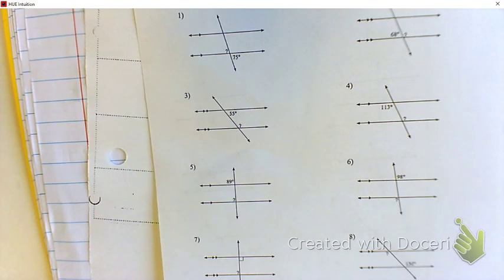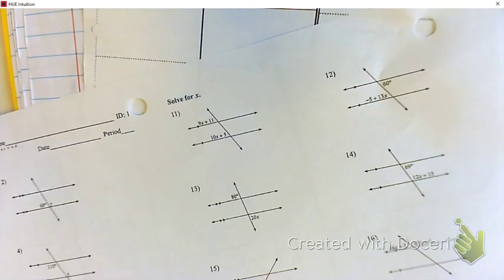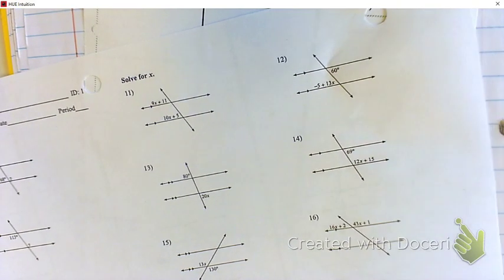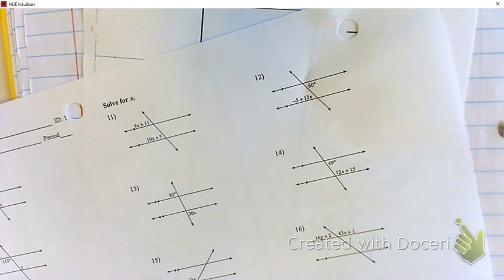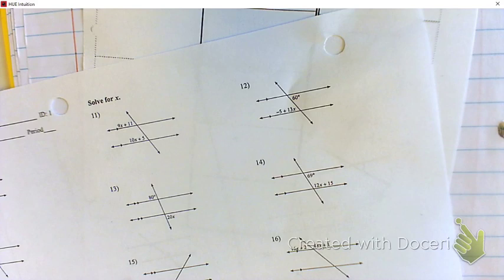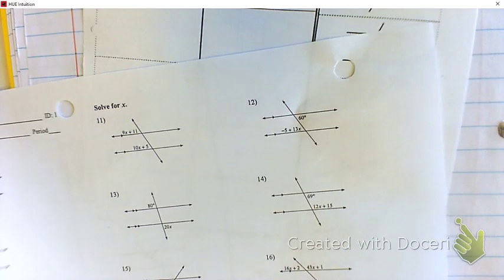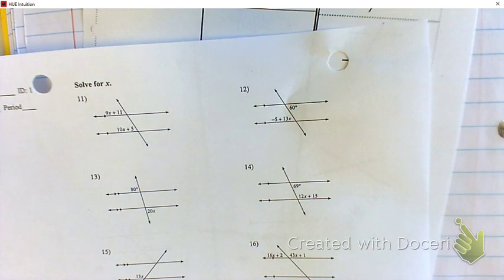All right, let's look at a couple of these over here on this side. Let's look at 12 and 14. Okay, number 12. What kind of angles do we have on number 12? Alternate interior. You need to get in the habit of being able to look at it and tell me the angles, okay?